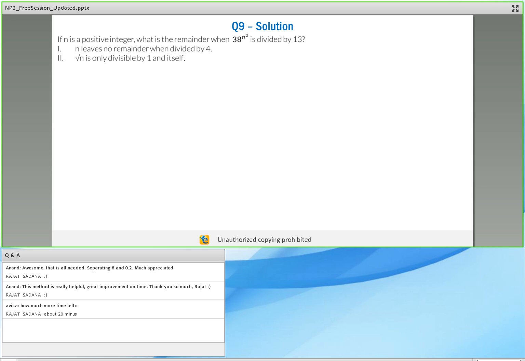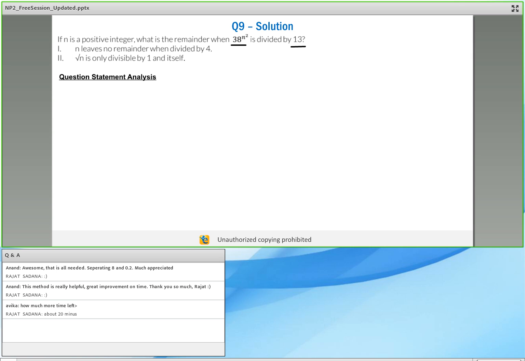What do you need to get to that Q50 level? So let's see what's given to us. Again, these are scary expressions. n is a positive integer, and we need to figure out the remainder when 38 to the power n squared is divided by 13.